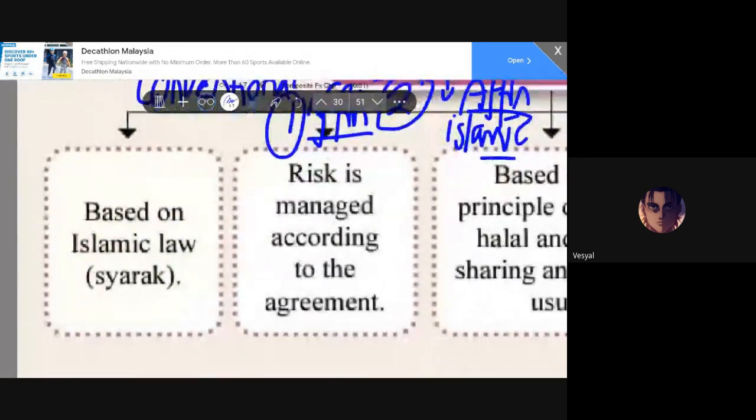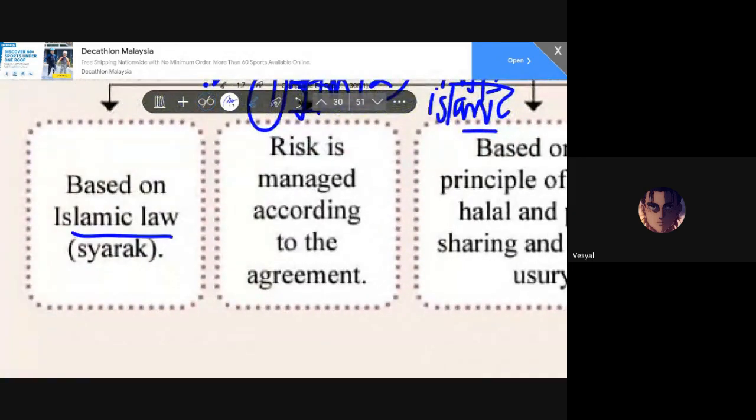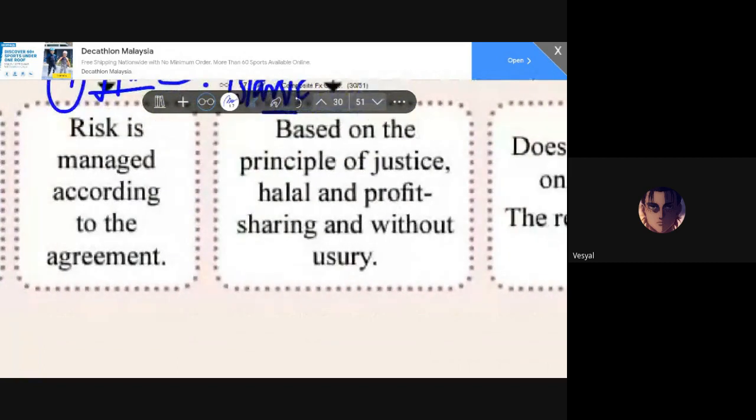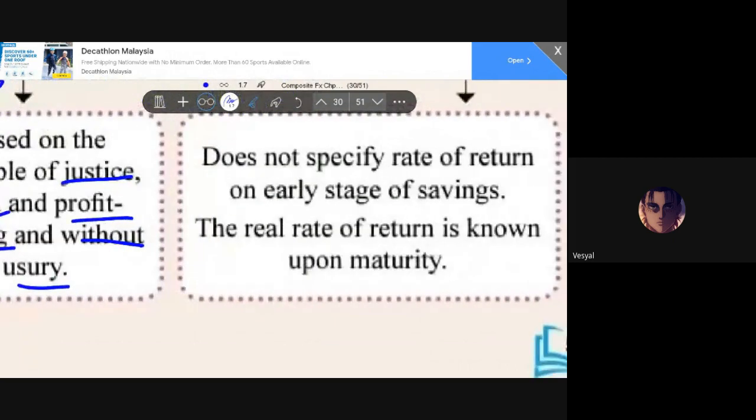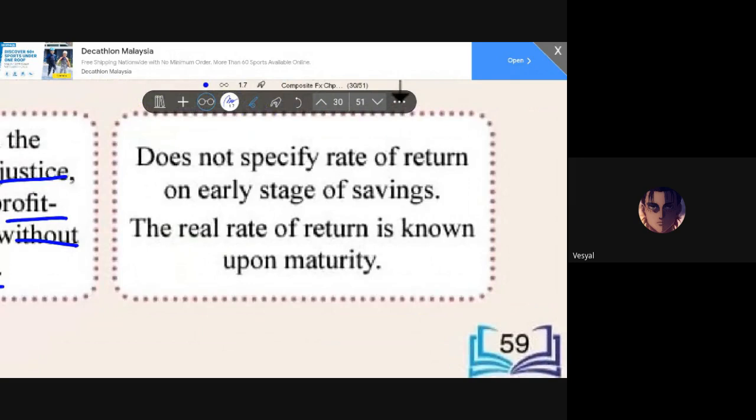So what are the components here? So first of all, it's based on the Islamic law of Sharia. No, nothing much. So it's based on the principle of justice, halal, and profit sharing without usury. So later I think they talk about the meaning of usury. So it does not specify rate of return at early stage.